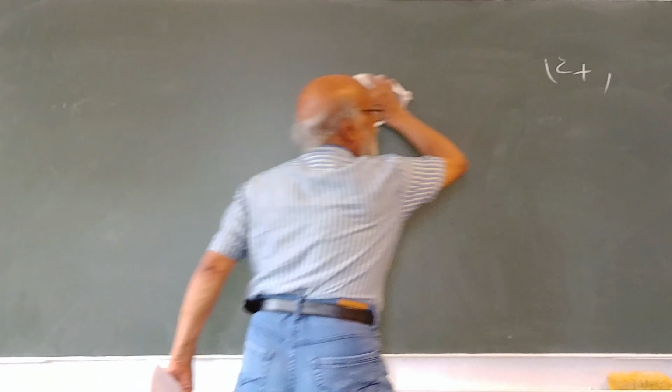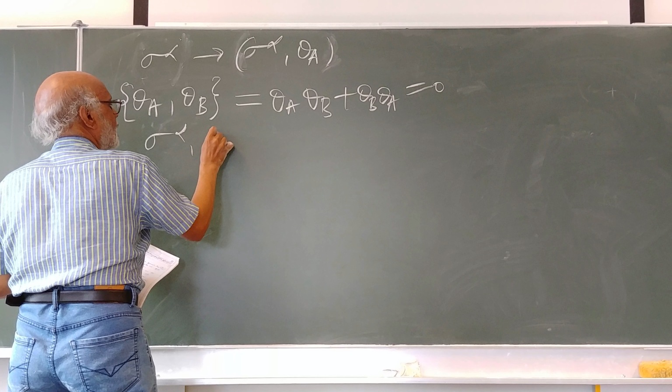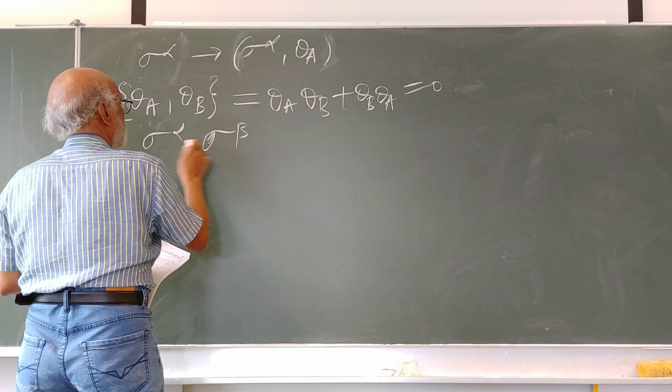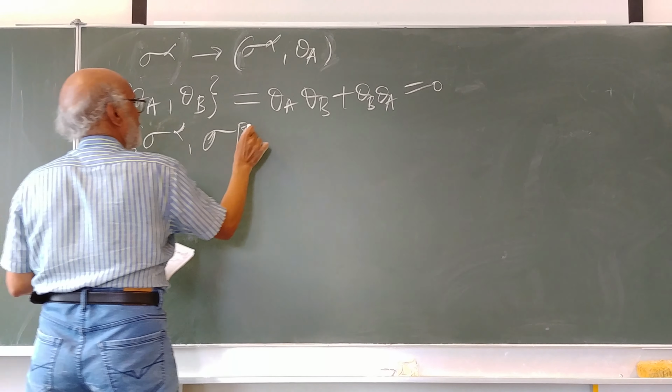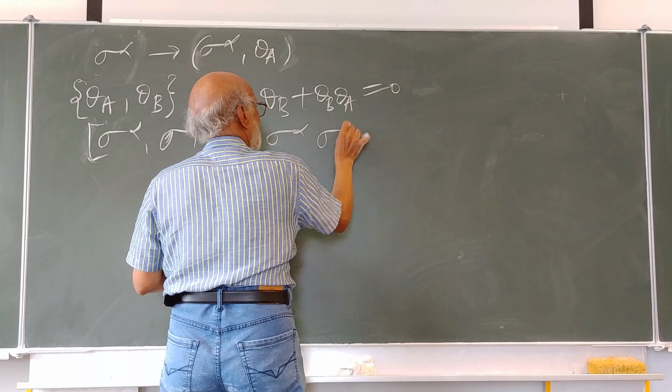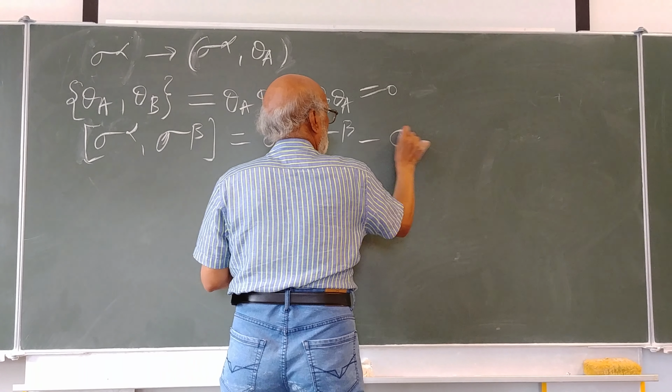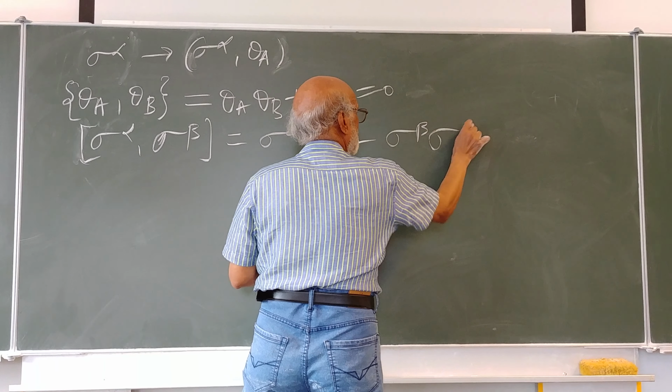Also, sigma alpha and theta A also commute. And this is quite obvious. Both of them are bosonic variables.